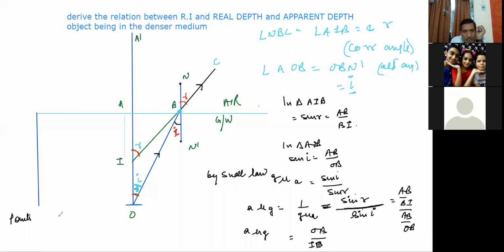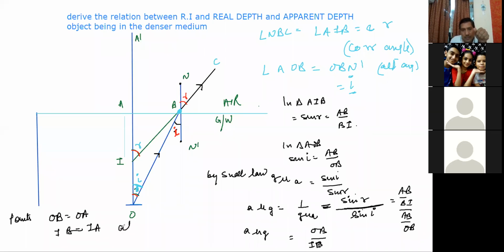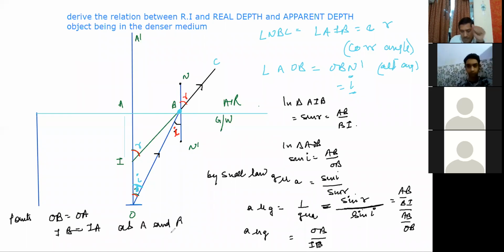So OB is equal to OA, and IB is equal to IA, as A and B coincide. I hope you all understand that.